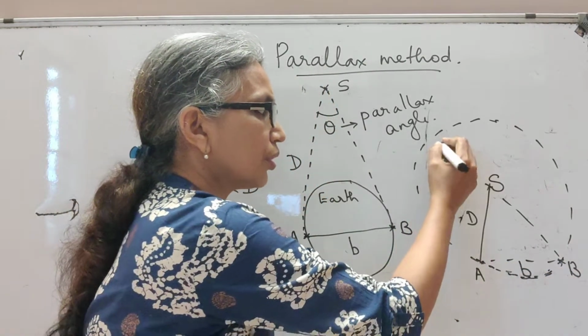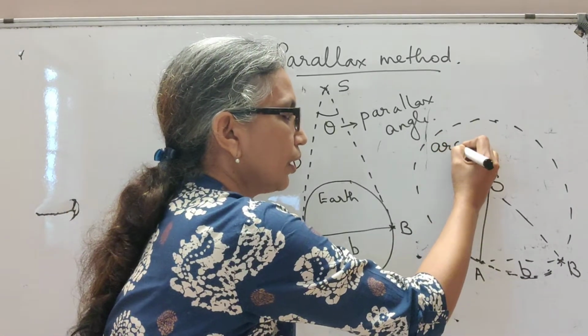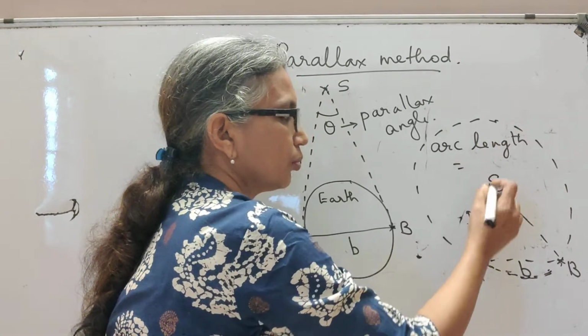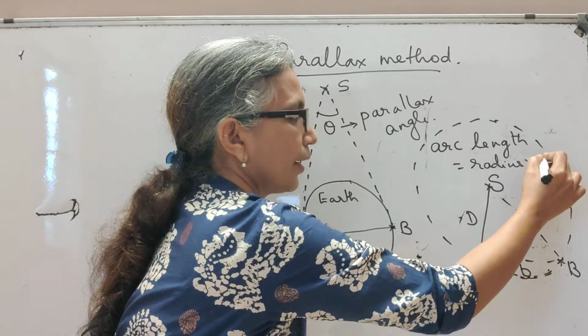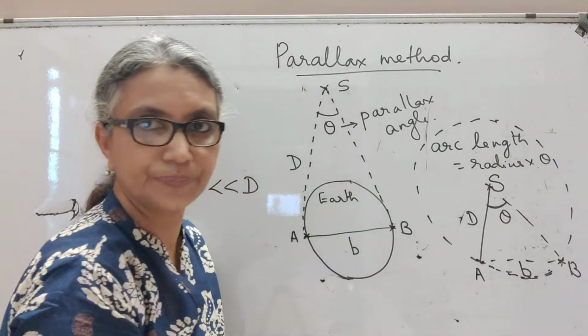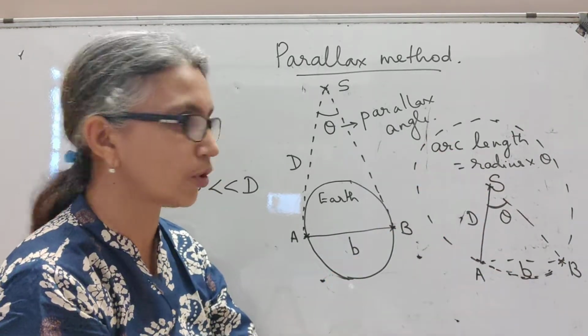And I'm sure in some smaller class in geometry, you have learned that the arc length of any circle is equal to its radius into the angle theta subtended at the center here. So I hope you know this formula already from geometry in some smaller class.